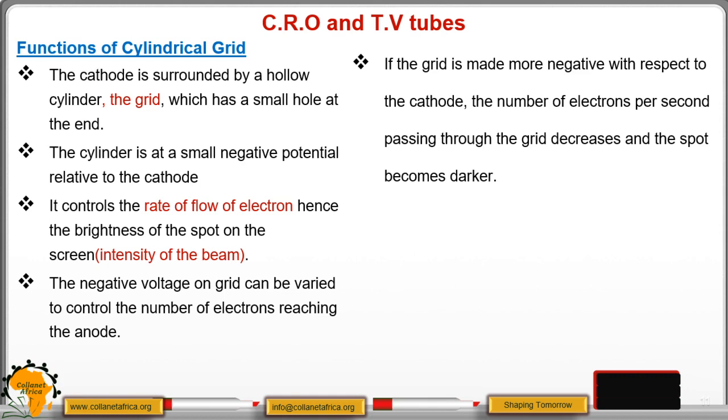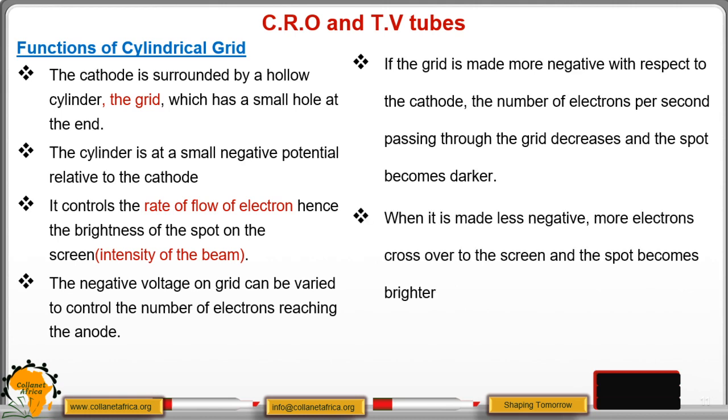So if it is more negative, a small number of electrons pass, and the spot becomes darker. But if it is made less negative, more electrons are able to cross over to the screen, and the spot becomes brighter.